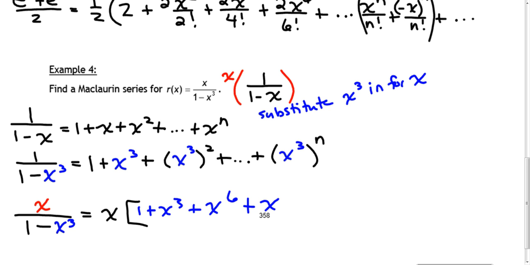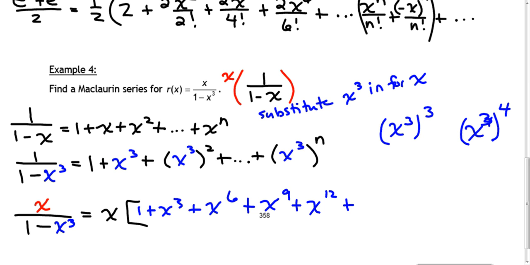My next term would be x cubed raised to the 3rd power, and then my next one would be x cubed raised to the 4th power. So my next term is x to the 9th, the term after that is x to the 12th, and then my general term is x to the 3n.